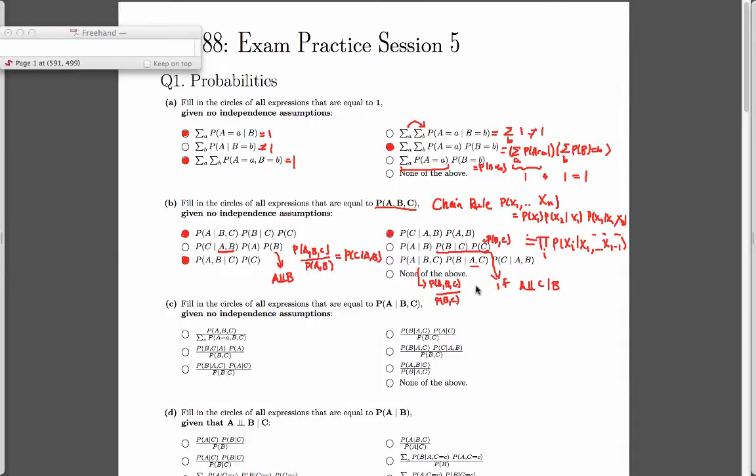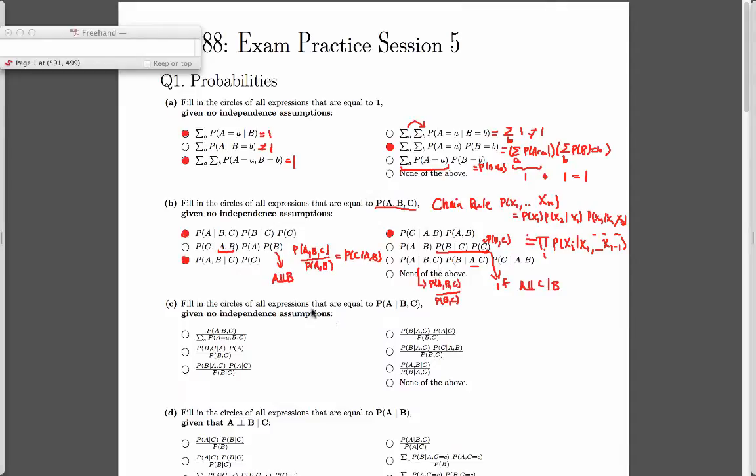When you expand it all out and multiply it together, what you'll get is on the top, probability of ABC cubed divided by, on the bottom, probability of BC times probability of AC times probability of AB. And you can't simplify beyond that without making any independence assumptions, so therefore this answer is also not correct.